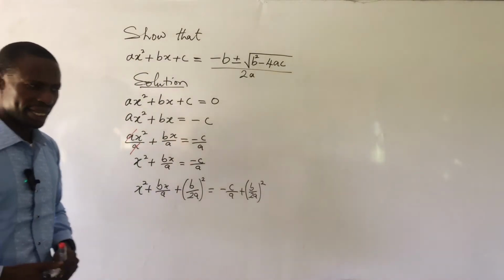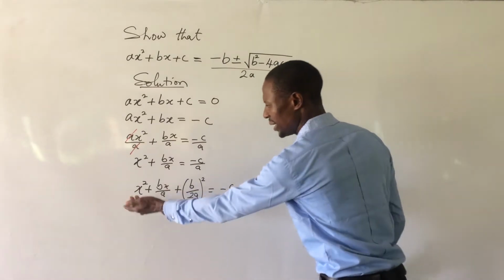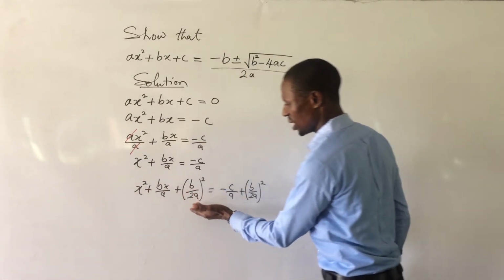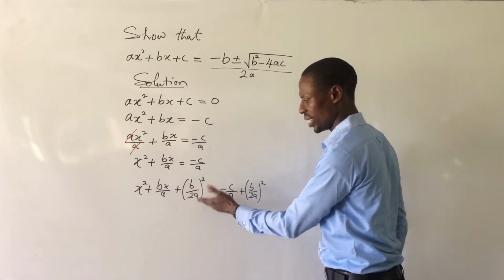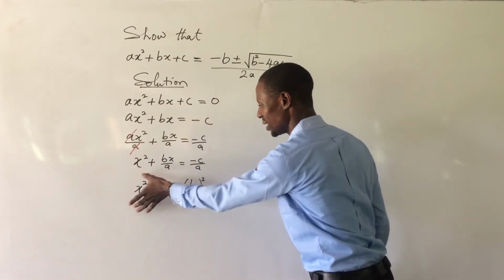You see that? Okay, now that we have this, what is the next thing we do? Here we are having x squared plus bx over a plus b all over 2a all squared. This is a perfect square, so we open it up. And on the right, we add these two.